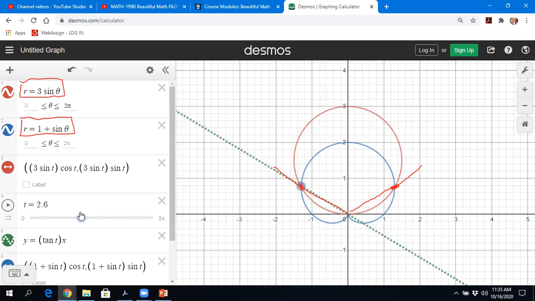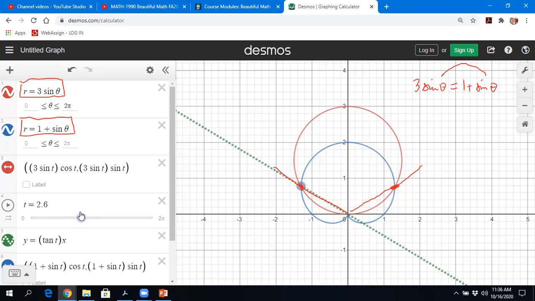So someone said, just set the two things equal to each other because the r's would have to be the same at the same theta, yeah? So let's do that. We would go 3 sine of theta would have to be equal to what? 1 plus sine of theta. Yes? So what's that mean?